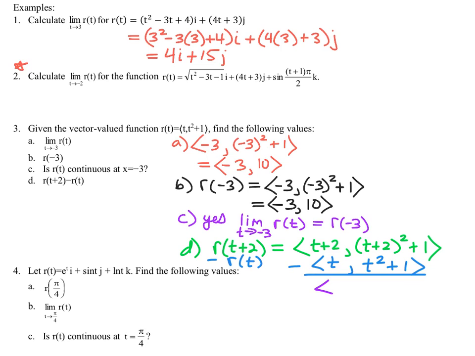When you simplify, you get 2 comma t plus 2 squared minus t squared. Now you can clean that up if you want, but it's not really necessary. It's really just getting at the idea that not only can you substitute numerical values into a vector valued function, you can substitute expressions in. And if you can substitute expressions in, then the limit definition of a derivative would apply.